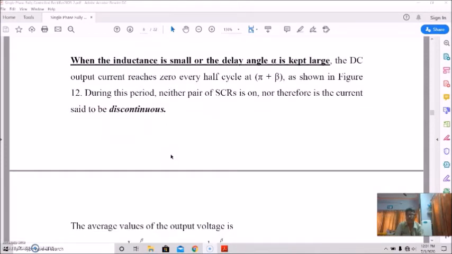That means the inductance is small, and in that case the delay angle alpha is very high. So the DC output current reaches zero every half cycle at pi plus beta. That is also shown in the waveform. During this period, neither pair of SCRs is on, so the current is said to be discontinuous.